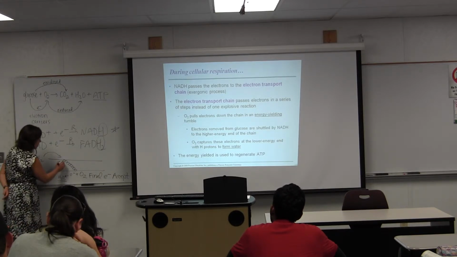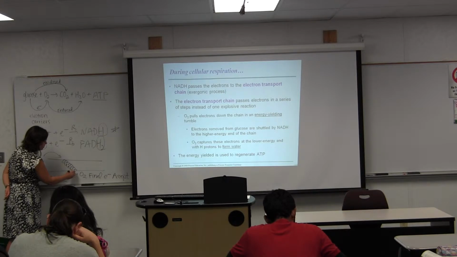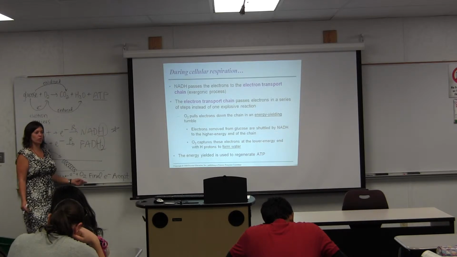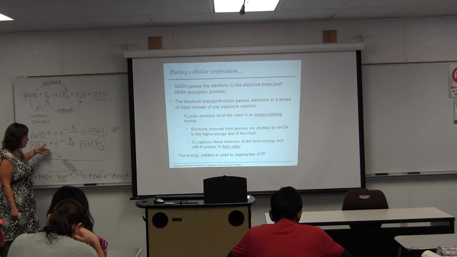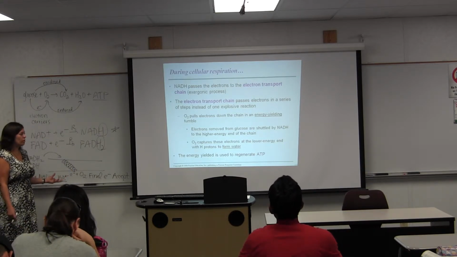The electrons move from one protein to another until they reach the final electron acceptor, which in aerobic respiration is always oxygen. And once those electrons meet up with oxygen, they form water.